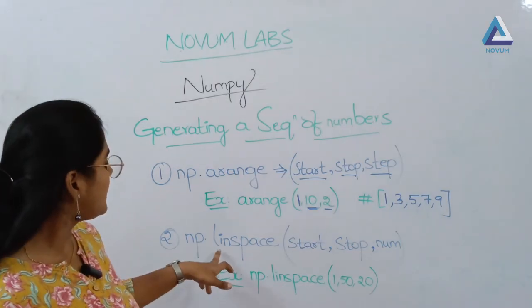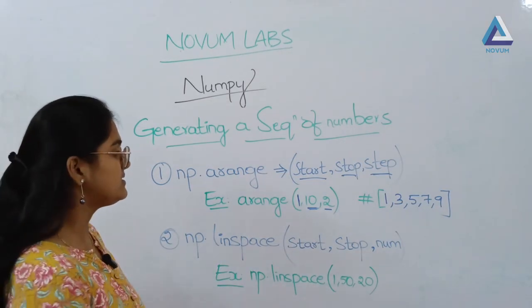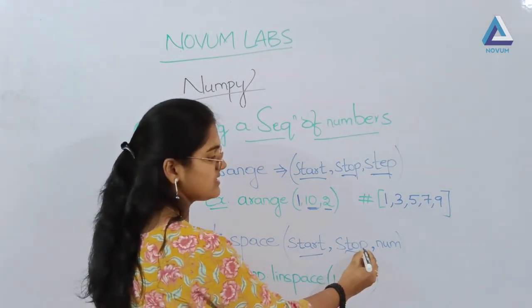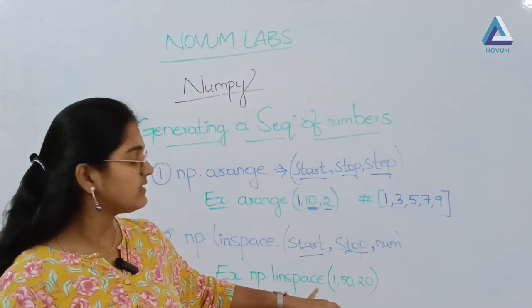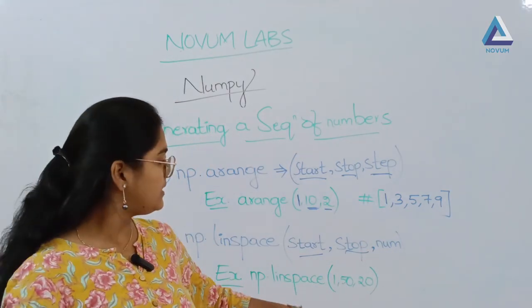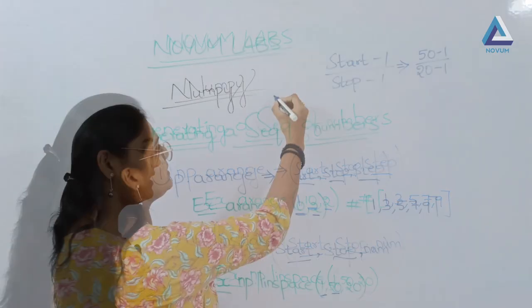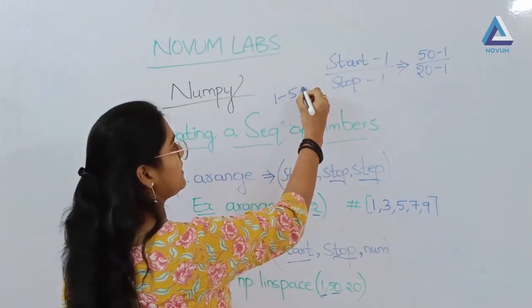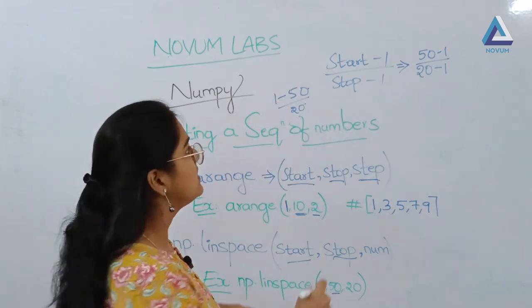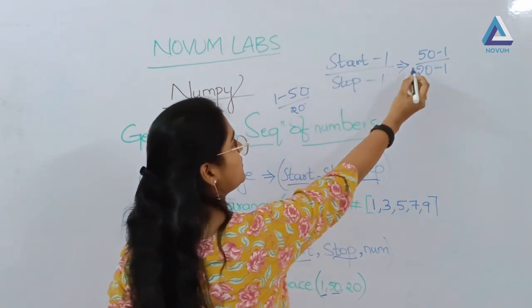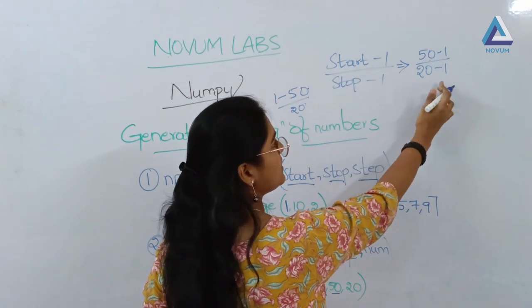And the next one, np.linspace. Here the syntax is start, comma, stop, comma, num. The numbers generated will be between 1 and 50, with 20 numbers. And how can you determine the difference? The stopping value 50 minus 1 is 49, divided by 19 (20 minus 1).